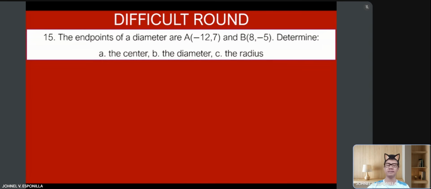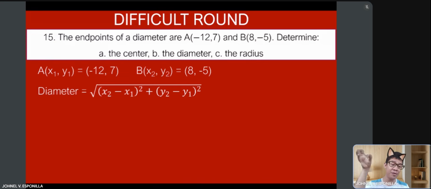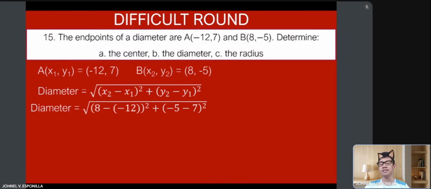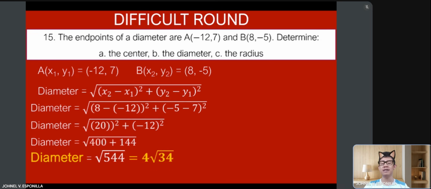15. Here in number 15, the given are the endpoints of the diameter. So we will find the center, the diameter, and the radius. Applying the distance formula again for the diameter, then substitution, and simplify to get 4 square root of 34.